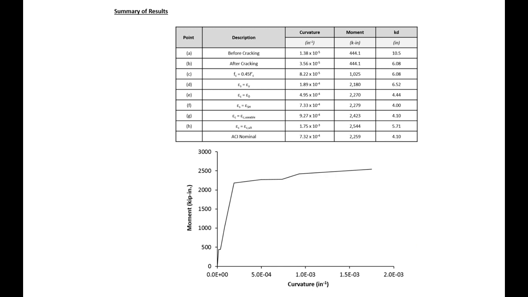Shown here is a summary of all of our results. You can see that with our moment curvature diagram, we're linear up until the point of cracking. We have some rotation that happens when we crack as the stress is transferred from our concrete to our steel, and then we're linear up until the point of yielding, at which point we go inelastic, and then we have our other points along the inelastic curve here.